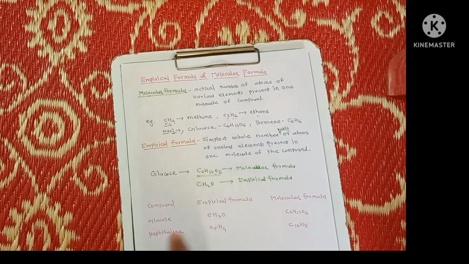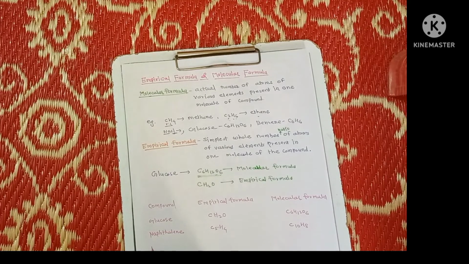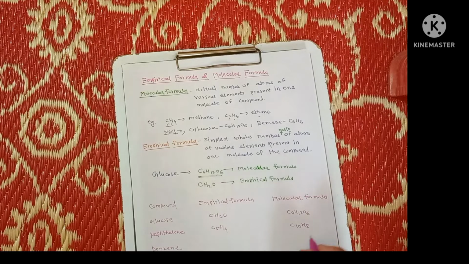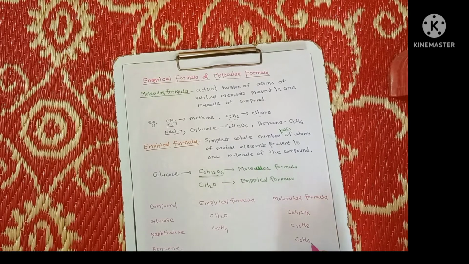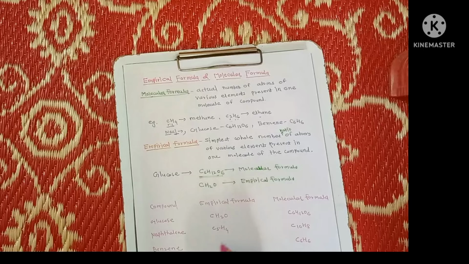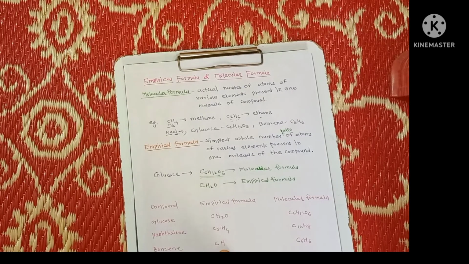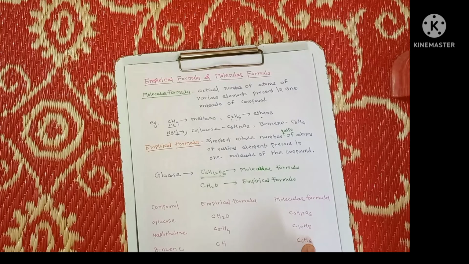So it is the empirical formula of naphthalene. Then another example, benzene. What is the molecular formula of benzene? C6H6. The simplest ratio is 1:1, that is CH. 1 carbon and 1 hydrogen is the simplest ratio of the benzene molecule C6H6.